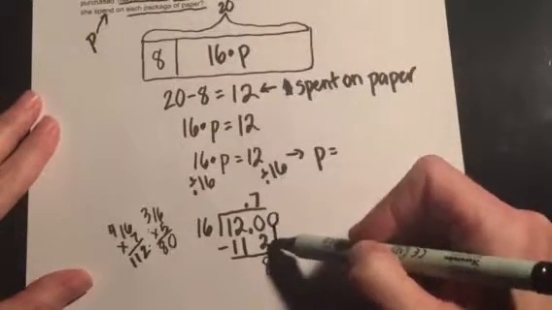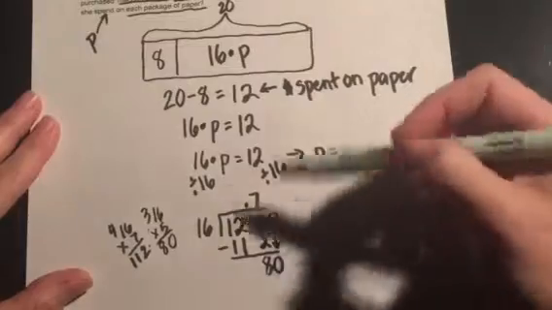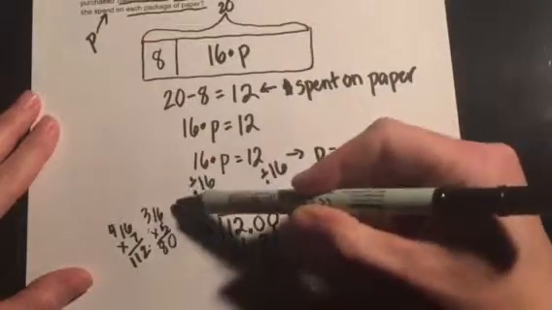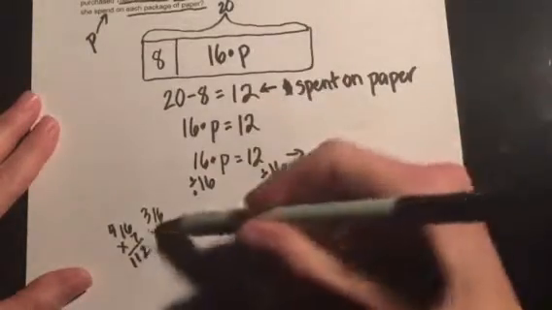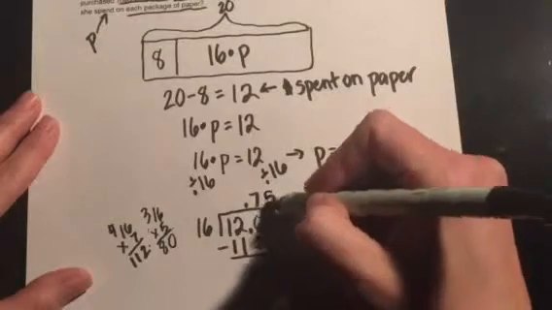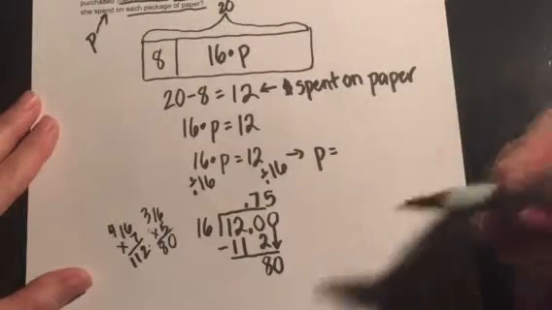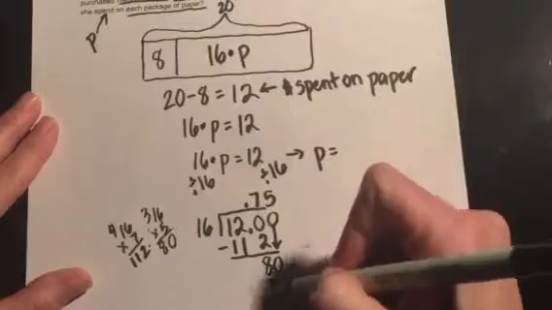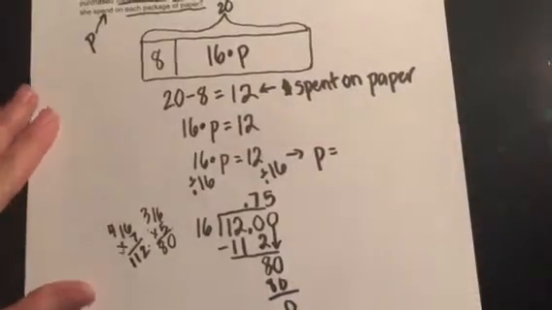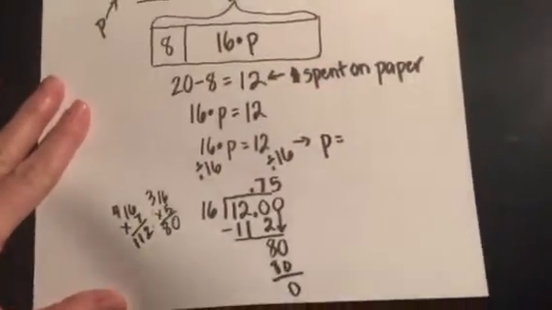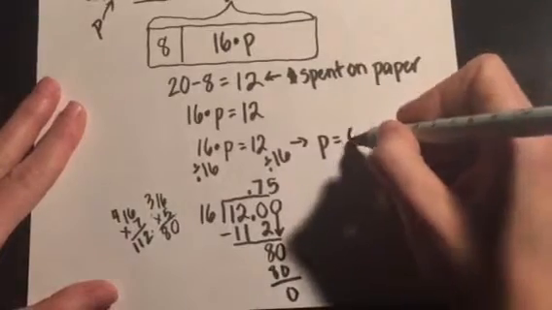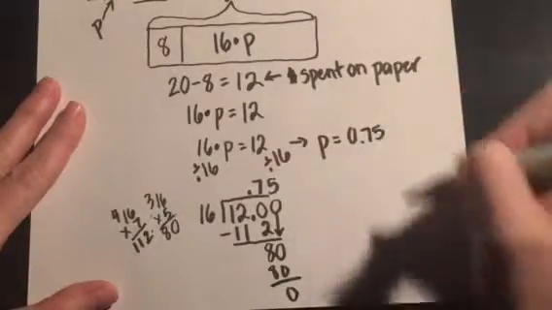Bring it down. Oh, look at that. And I just did that math problem right here. So I know that 16 goes into 80 evenly 5 times. Okay? So what that tells me is P equals 0.75.